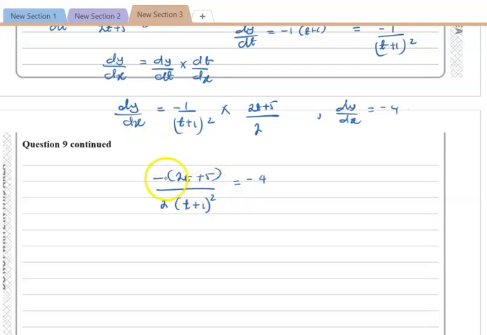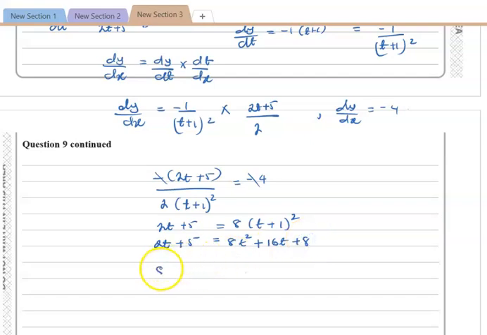Now cross multiply, and the negatives cancel out. That means you have 2t plus 5 is equal to 8 times t plus 1 squared. I'll have this as 2t plus 5 equals 8t squared, plus 16t, then plus 8.